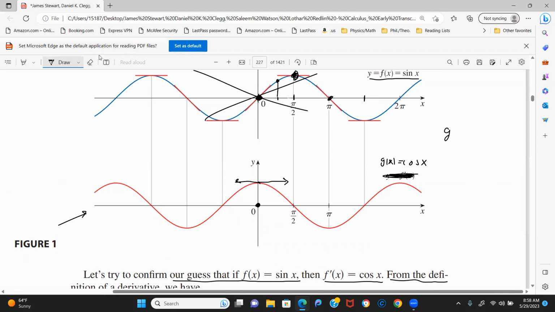So at 0, the function is 0. Okay, that's good because the derivative, I should say, is 0 because it's a horizontal tangent line. So sine of 0 is 0. Good. Why are we getting this negative? Well, let's think about this point. If you draw the tangent line, it goes like this, and it goes up like that. So this looks like a negative slope, and it's going to be -1 actually.